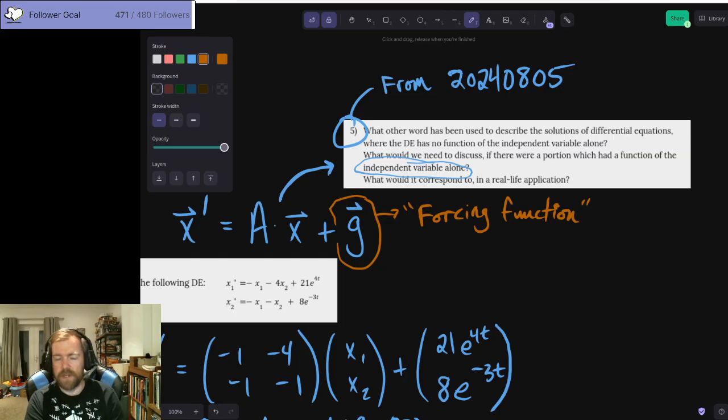This is the force that is then imparted on the natural system. So we have the natural resonance, x prime equals Ax, the homogeneous solution, then we have the inhomogeneous solution, which adds in the forcing function.